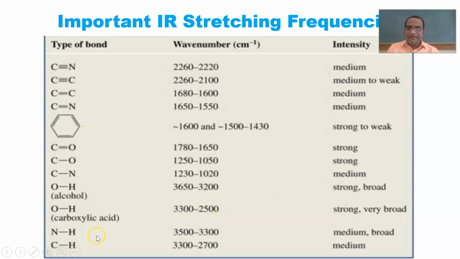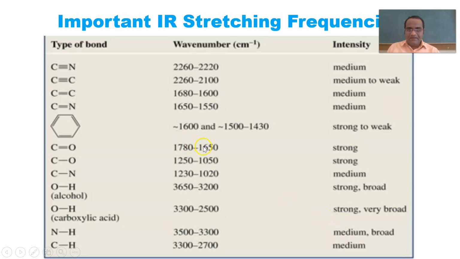When it is an amide, in the same region it will give a signal, but the intensity is medium. The only difference between amide and carboxylic acid is that carboxylic acid shows strong, and this one will be medium.